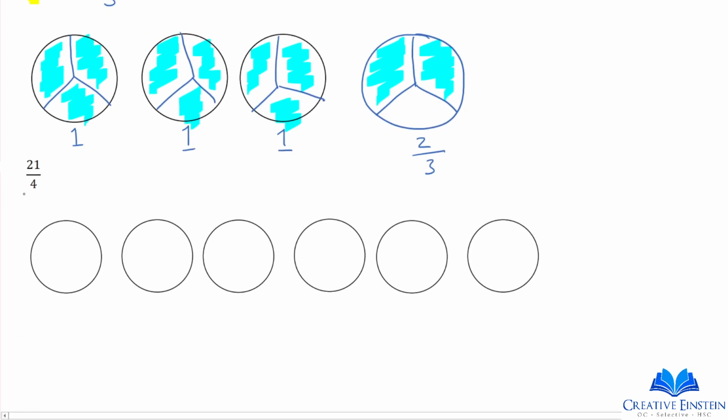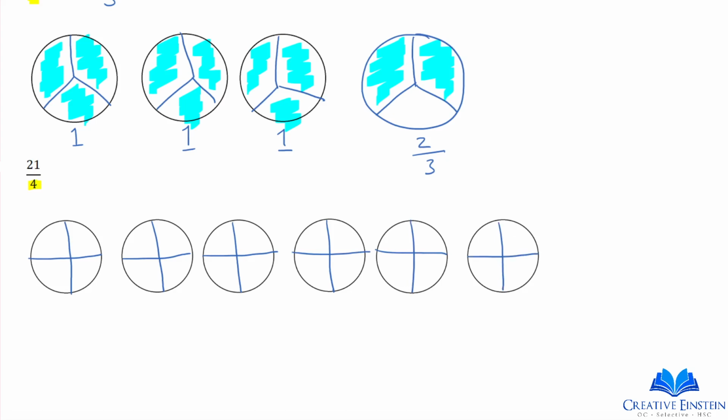Okay, the next part. We're going to divide it into quarters, and we have 21 quarters this time. So we'll divide it into quarters first. Hopefully I have enough circles this time. Okay, now we've got 21 quarters.